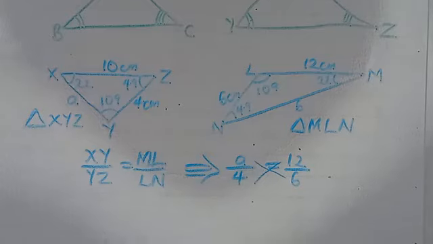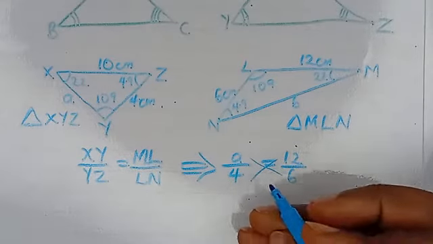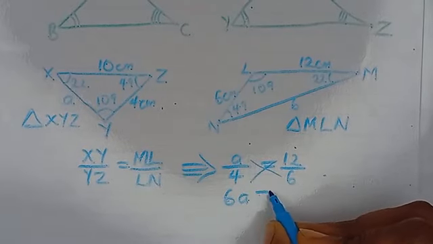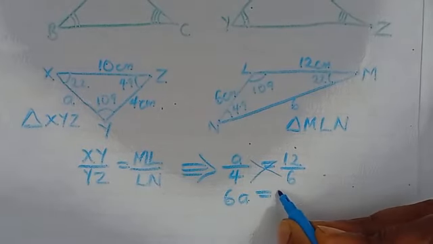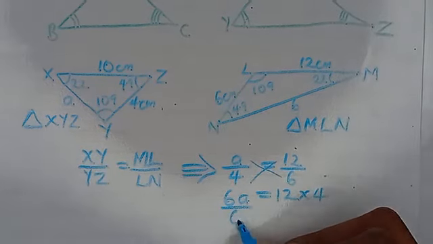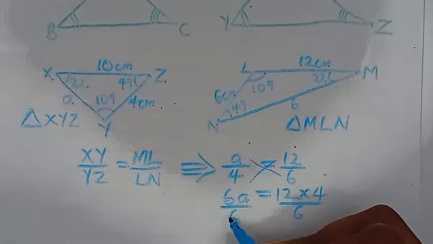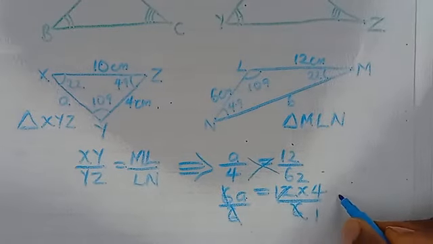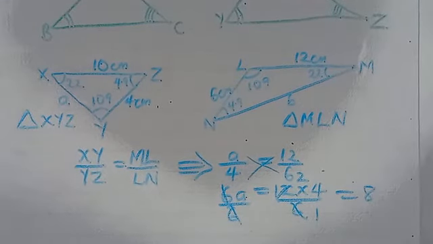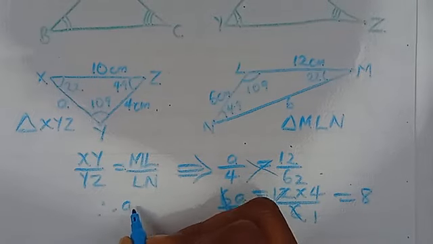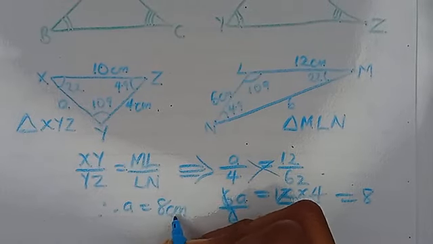When we do that, we have 6A is equal to 12 times 4. We divide both sides by 6. And when we do that, we have 2 times 4, which is 8. So we have that side A is equal to 8 cm. Therefore, A is equal to 8 cm.